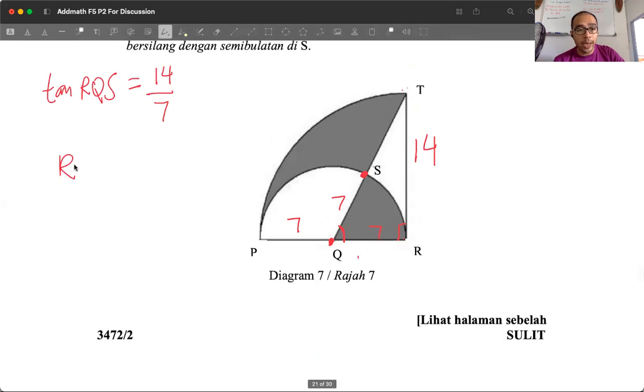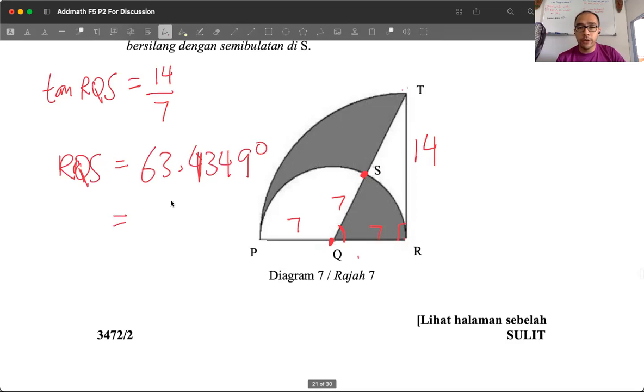So RQS, lepas kita shift tangent, kita akan dapat 14/7. So shift tangent is 63.439 degrees.